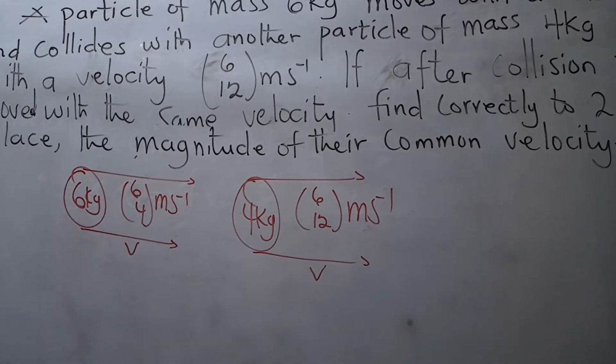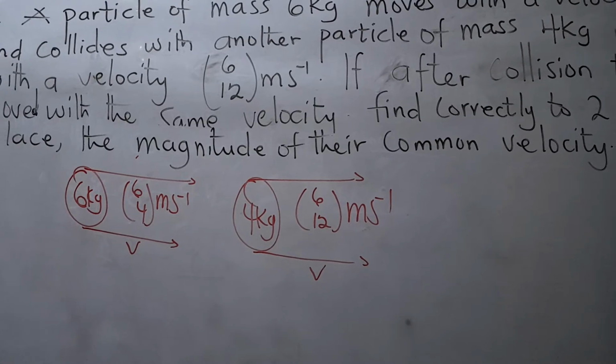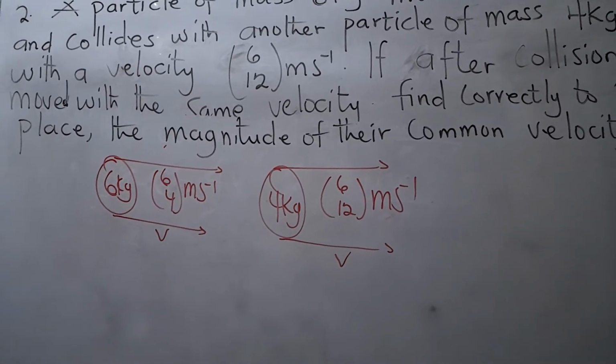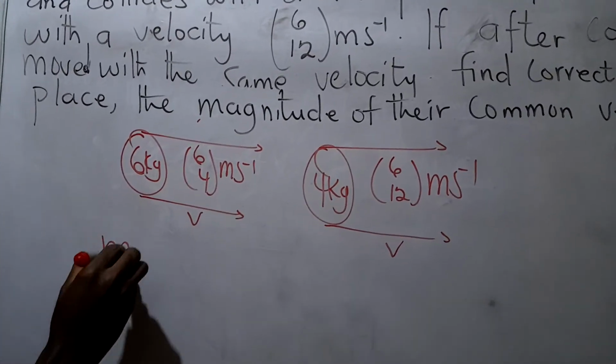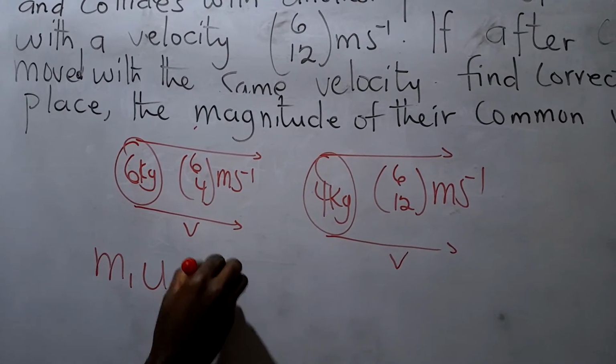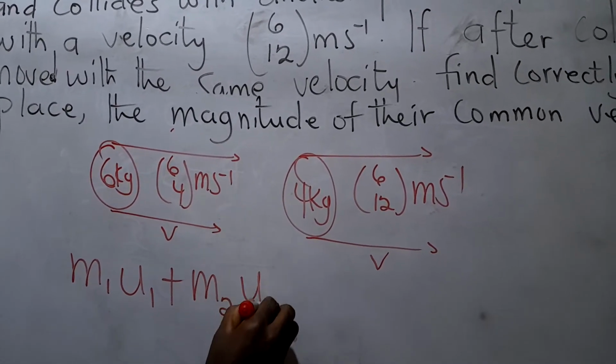So remember, the total momentum before collision is equal to the total momentum after collision. So we can say m1u1 plus m2u2.